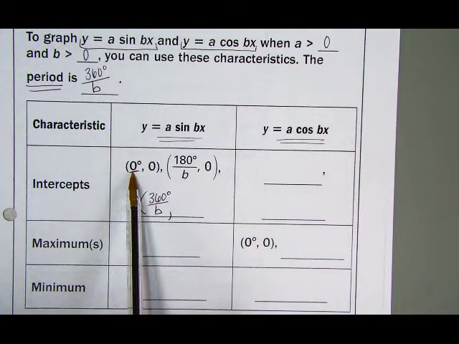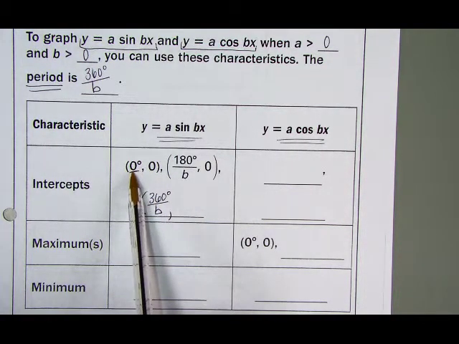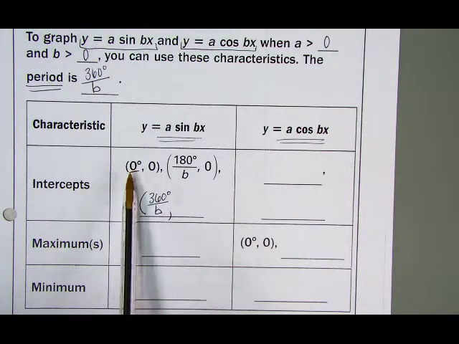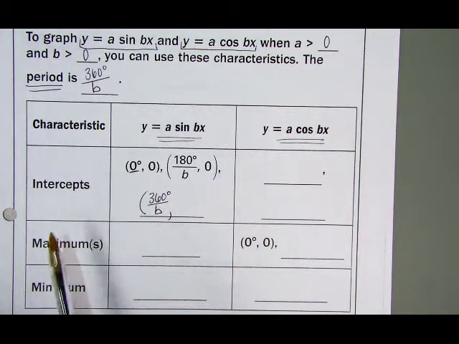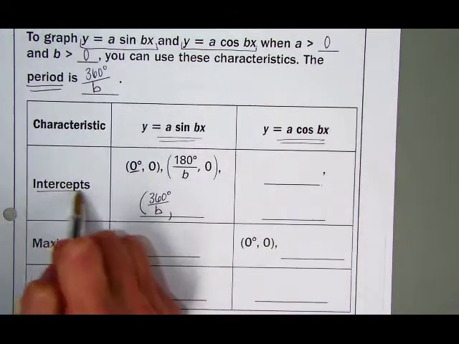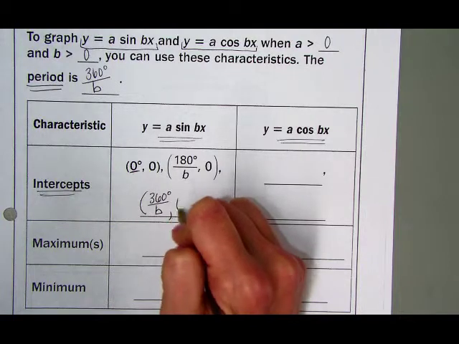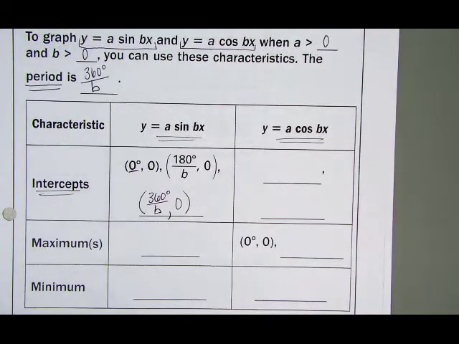The reason this isn't 0 degrees divided by b is because 0 divided by any number is going to be 0 anyway. So we can leave that as just 0 degrees, since our sine graph will always go through the origin (0, 0). And again, intercepts means that our y values are always 0.